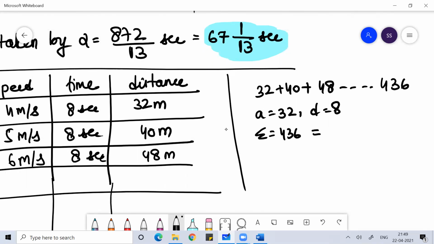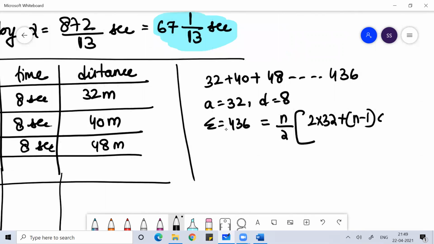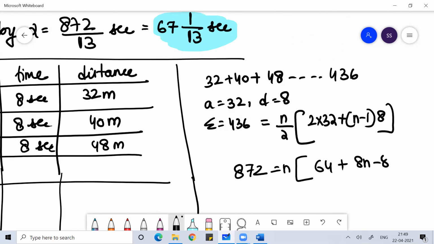So you can apply n by 2 into 2a, that is 32, plus n minus 1 into d, where d is 8. Find the value of n when P is able to cover 436 meters, or you can do it manually. So 436 times 2 is 872, so 872 is equal to n into 64 plus 8n minus 8.